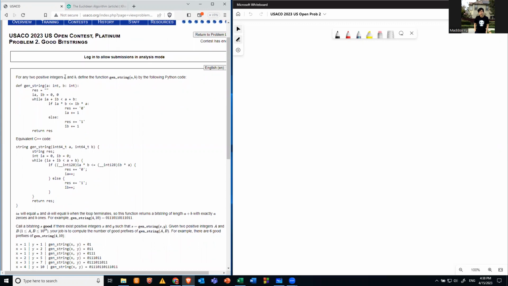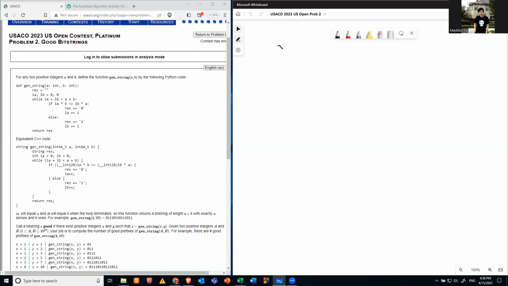So you have two positive integers, A and B, and you have a function which behaves like this.